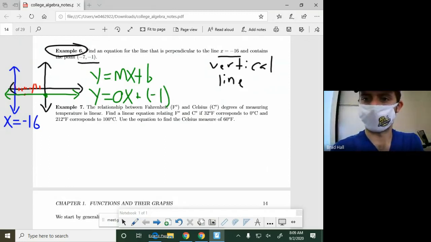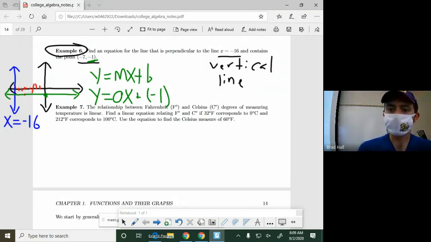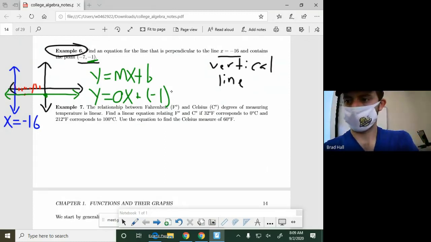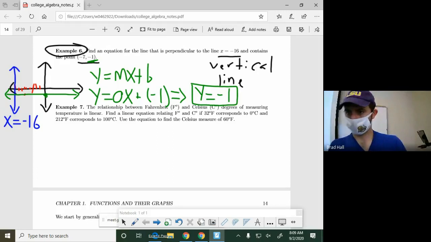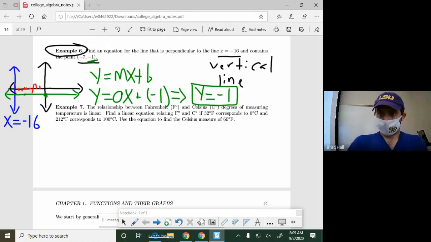It's -1. Comes from right there. So the final answer would be y is equal to -1. So that would be the equation for the line that is perpendicular to this vertical line that they gave us.